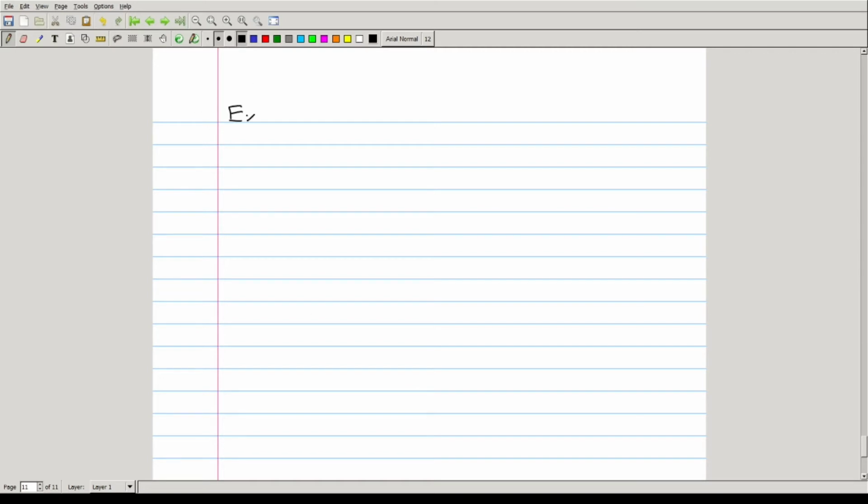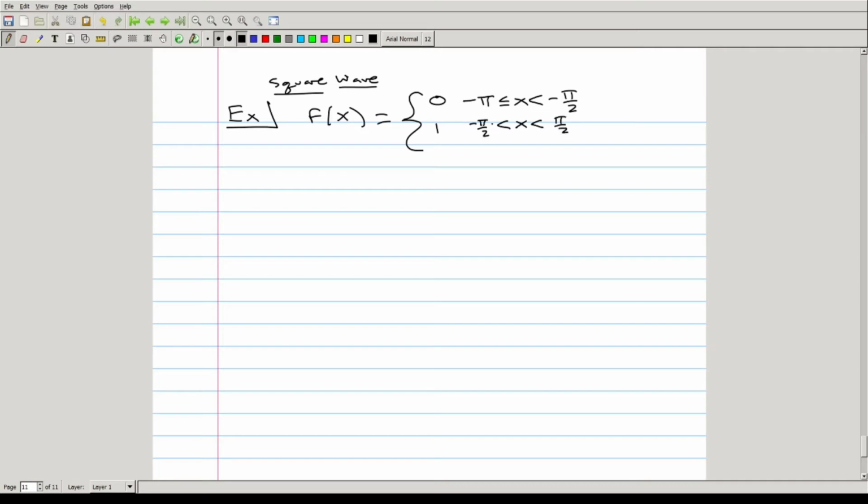So this will be f of x, the piecewise function, 0 from negative pi to negative pi over 2, 1 from negative pi over 2 to pi over 2, and then 0 from pi over 2 to pi.